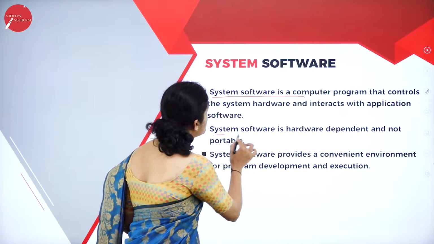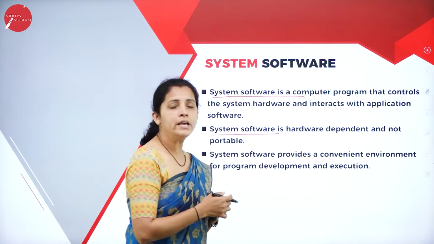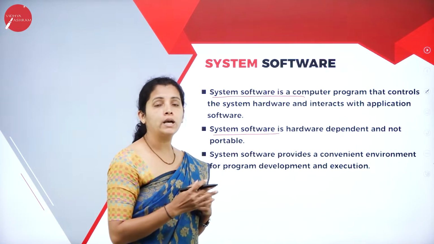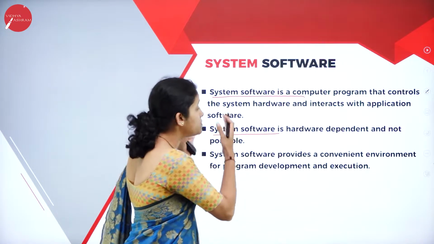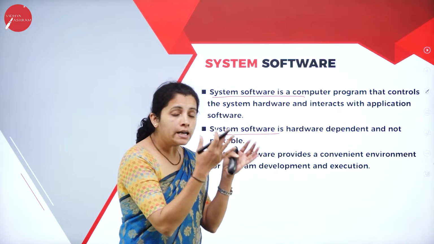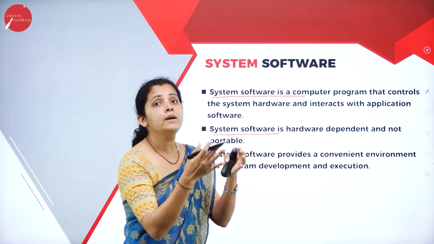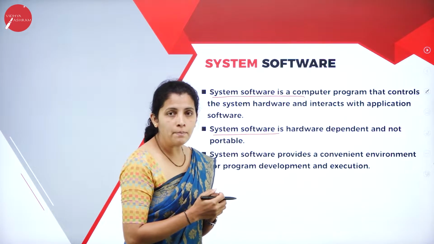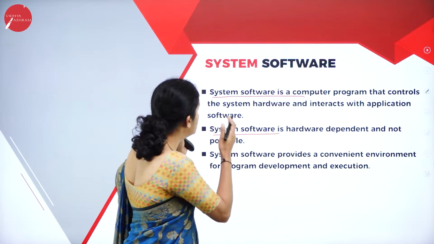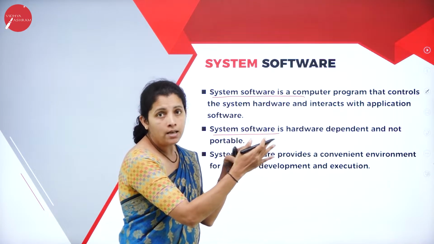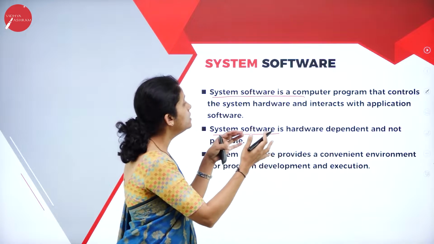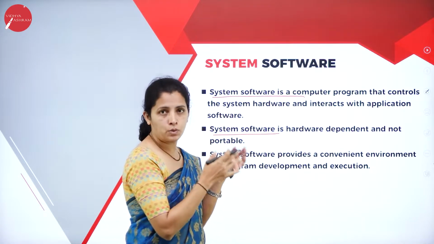So, system software is hardware dependent. What is hardware dependent here? Whatever system software we have depends on the machine. For example, if I design system software for an Intel processor, then it is specific to that processor.